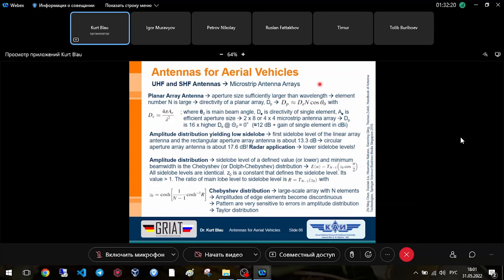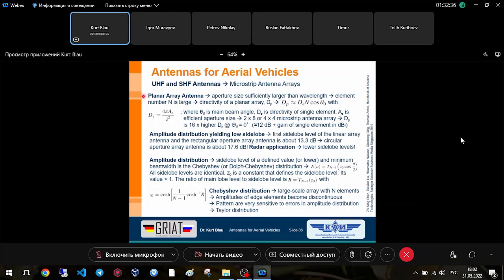But if we want to achieve much higher gains, then we have to use the principle of microstrip antenna arrays, meaning an area.